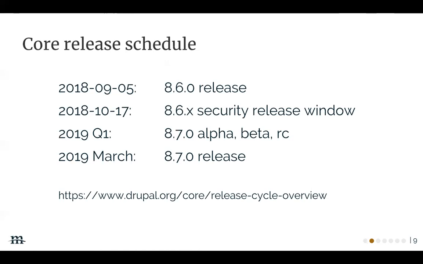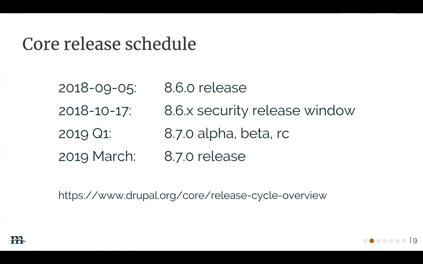The goal right now, tentatively, going according to the existing release cycle, is that the 8.7 release cycle will start in the first month of 2019. So around about New Year's, give or take, you should start seeing 8.7.0 alpha releases being released.